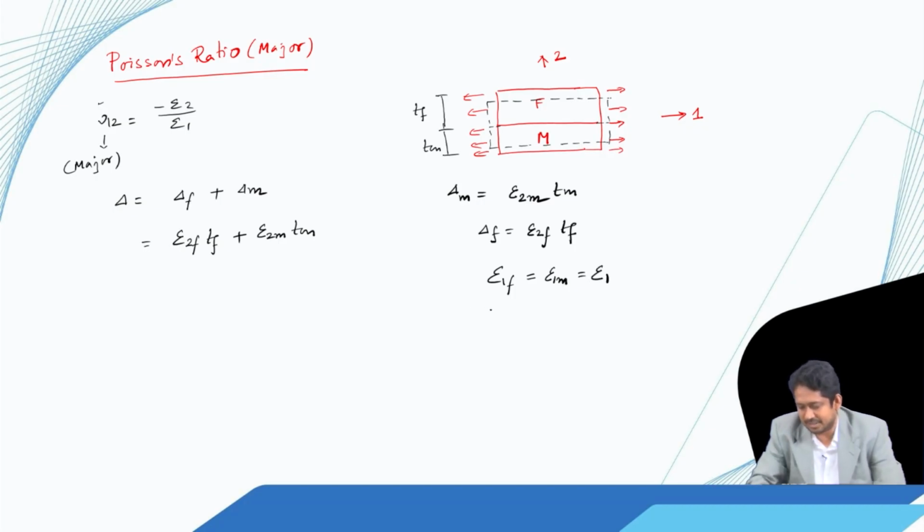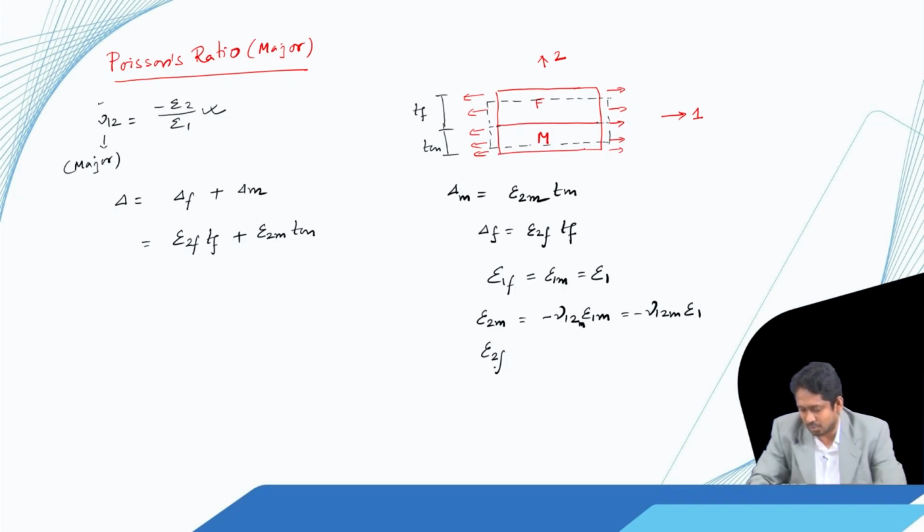Now, from the definition of the Poisson's ratio, we can say that epsilon 2 m is equal to minus nu 1 2 multiplied by epsilon 1 m. If we are evaluating it only for the matrix, then we can write it like this, which is equal to minus nu 1 2 m multiplied by epsilon 1, and the suffix m has to be there because this nu 1 2 is for the matrix.